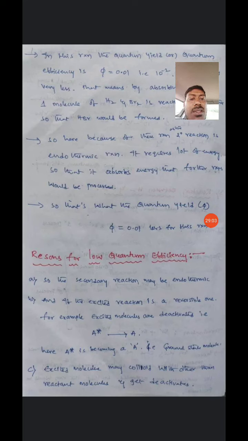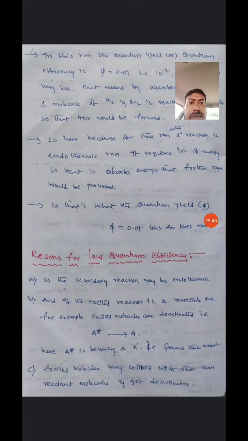Here, because the secondary reaction is an endothermic reaction, it requires a lot of energy, so it absorbs energy so that further reaction would proceed. So here the quantum yield phi is equal to 0.01. So this is low quantum efficiency or low quantum yield.